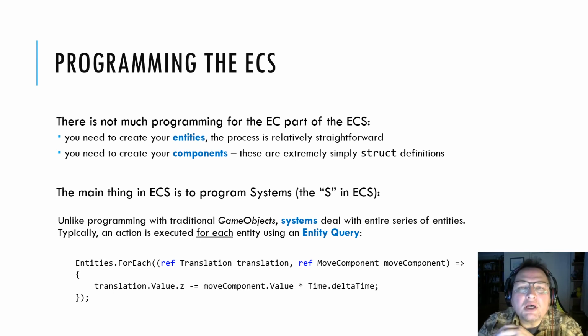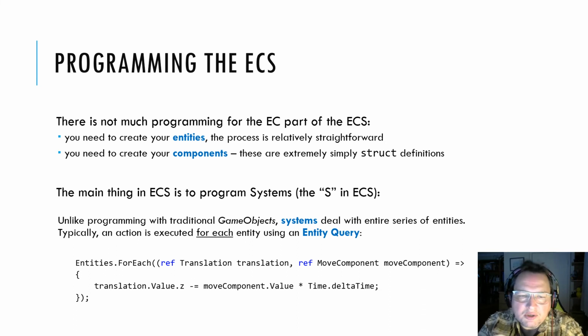Typically, an action will execute a for each iteration using something that is called an entity query, and you can see an example here. It is built as a function call of an object called entities, that is a collection of all the entities in the system, and the function name is for each, and this function takes a lambda function.